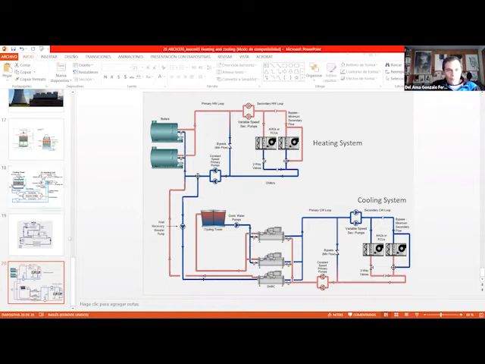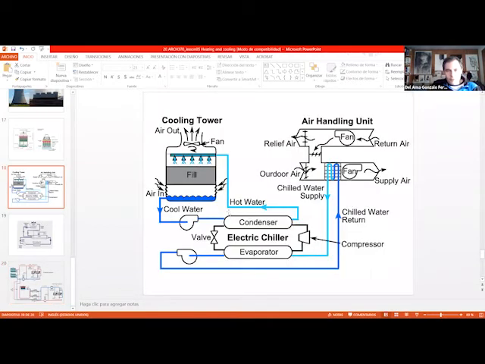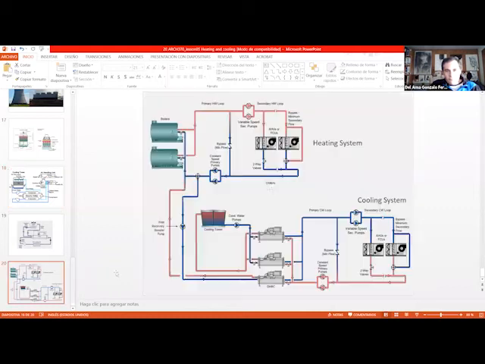But if we divide this and understand what we are doing, okay, this is the cooling system: we have a chiller, the cooling tower, and the air handling unit. Then if you start dividing this complicated system into units that you can understand, everything is easier.